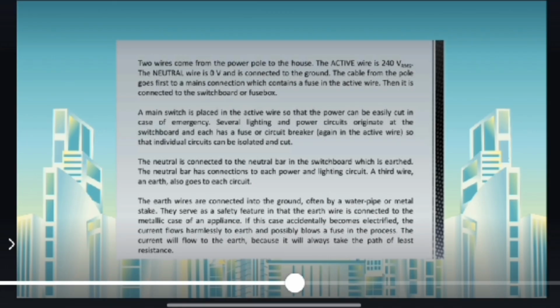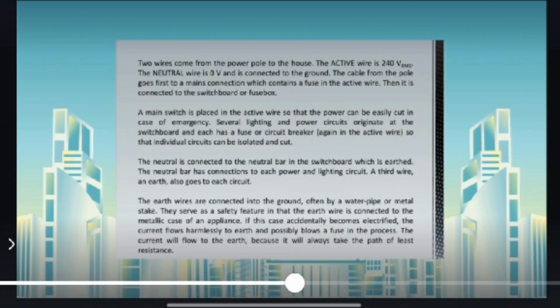The neutral is connected to the neutral bar in the switchboard, which is earth. The neutral bar has connection to each power and lighting circuit. A third wire, the earth, also goes to each circuit. The earth wires are connected into the ground, often by a water pipe or metal stick.